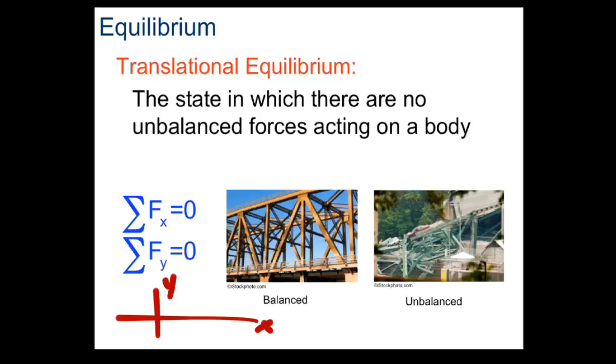So translational equilibrium means all the forces acting horizontally oppose each other and they're equal. So when you add them up, you get 0. And all the forces acting up and down oppose each other, but they are also equal forces, so they add up to 0. That's what that's saying. If an object is in translational equilibrium, it's not moving, so all of the opposing forces in each component direction, x and y, balance, and nothing moves.